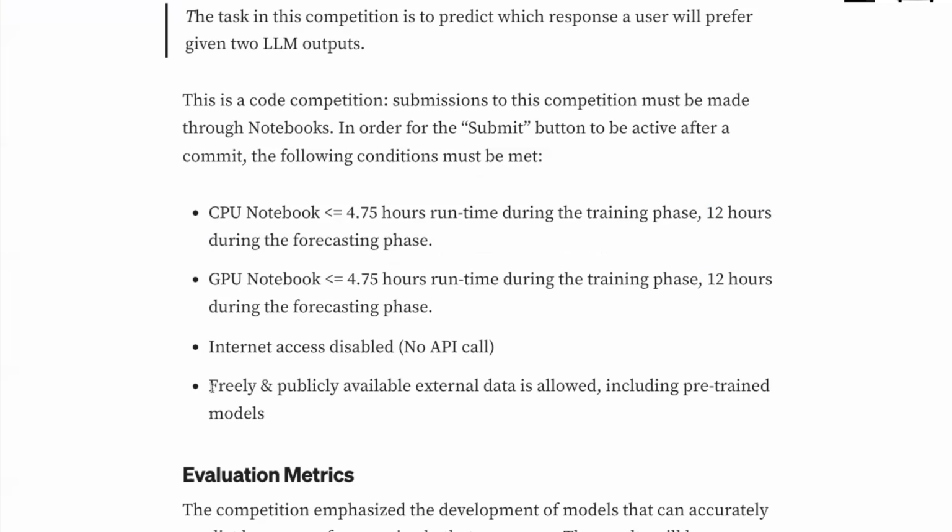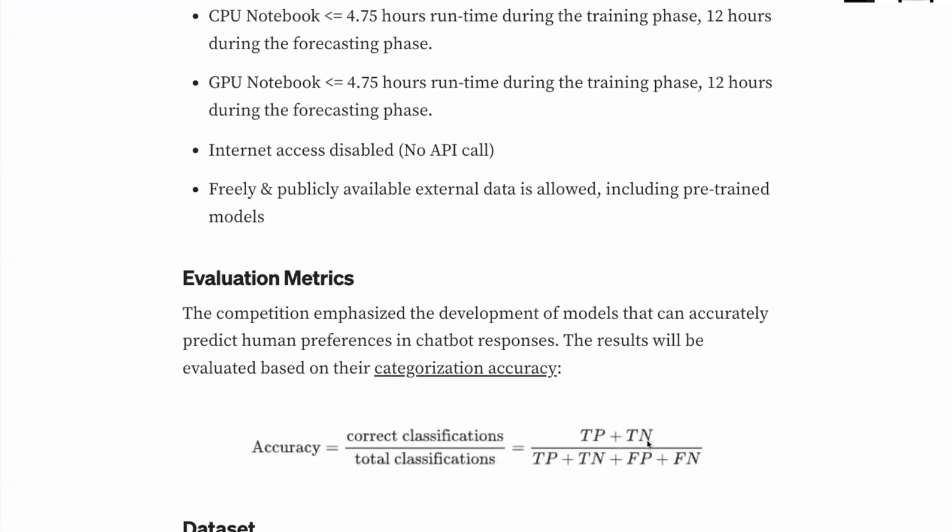But it allows attendees to use freely publicly available external data, not just the training data the competition provides, but also any public open data sets, and any pre-trained model.